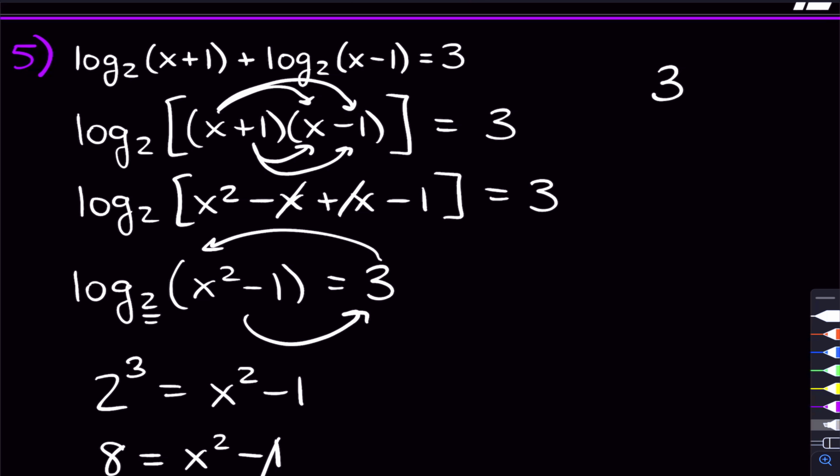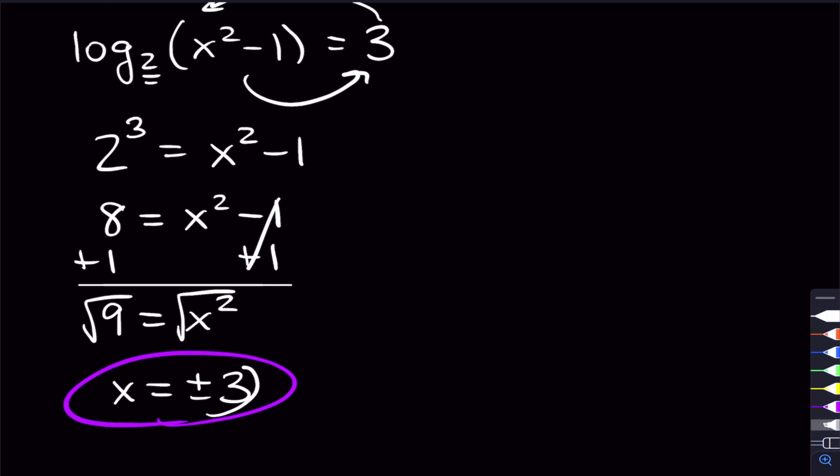First off, will positive 3 work in both of these arguments? Will it give us a positive number each time? Well, x plus 1, if we plug in 3, we get 3 plus 1, that's 4. Okay, that's positive. And in x minus 1, 3 minus 1, that's 2. Okay, that's positive as well. So 3 is definitely a solution that works here. But remember, our other solution is negative 3.